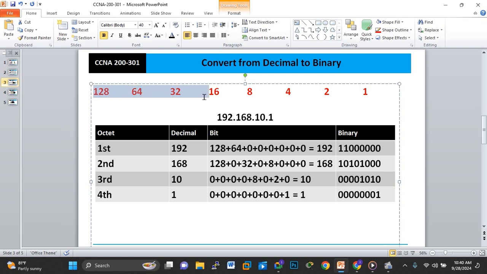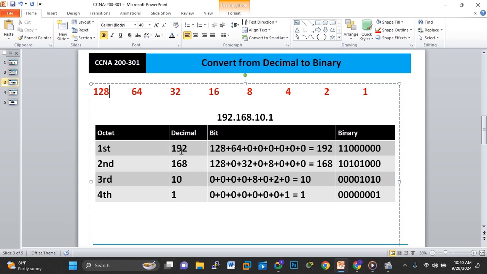You move to 64, 32, 16, 8, 4, 2, 1. When you are aligning, you always start, because now you are converting from decimal to binary. You start from the 128 to 1.